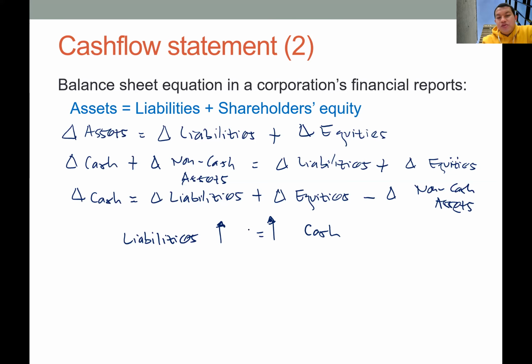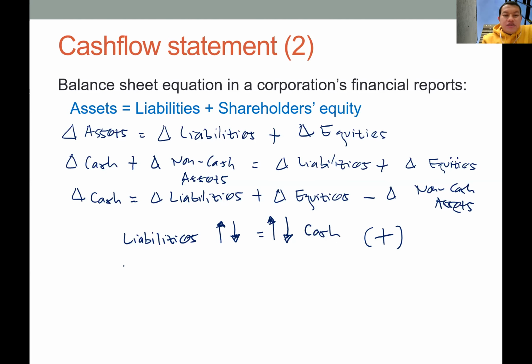They're issuing more bonds, or they are taking more loans from the bank, in the form of cash. So the cash will be increasing. And if the liabilities are decreasing, it means the company used their cash to repay some of the liabilities. So the cash should be decreasing as well. So this is a positive relationship between liabilities and cash.